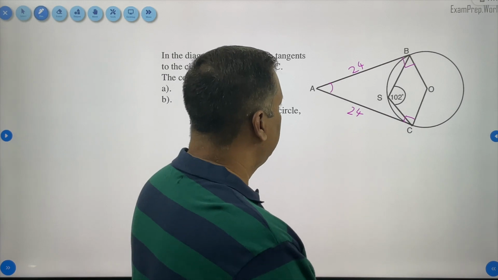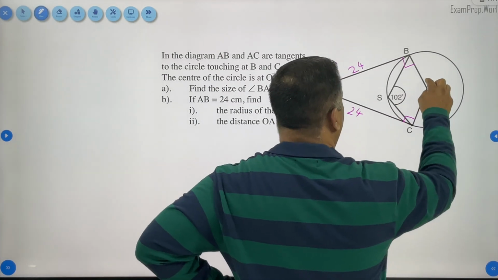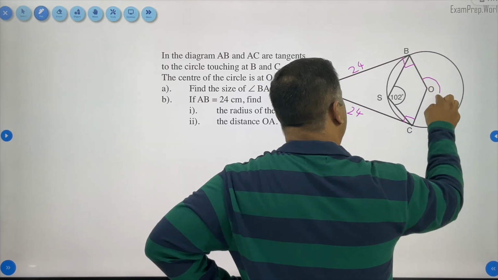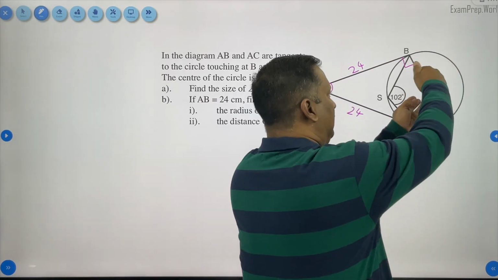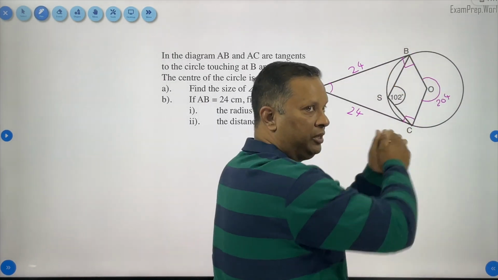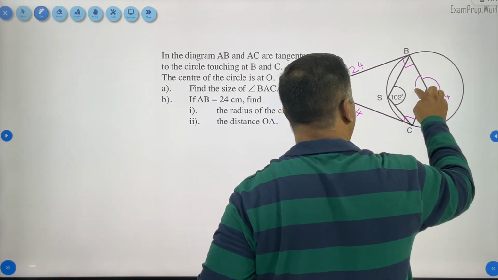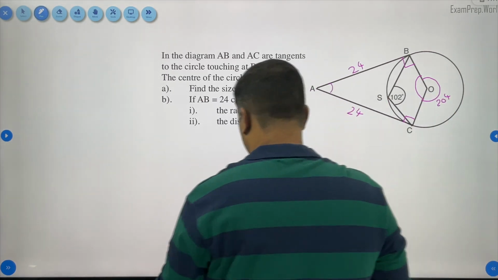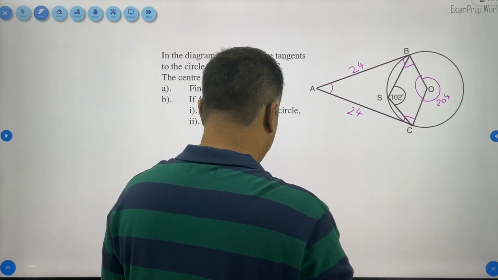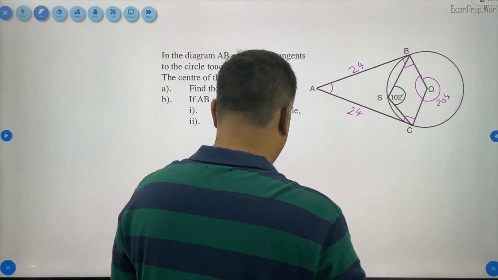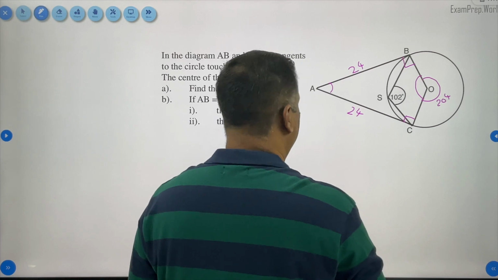Now don't get confused by this. Look at this. This is 102, so this angle will be 204, because the angle at the center is double the angle it makes at the circumference. Similarly, you can find this angle now: 360 minus 204 is 156.